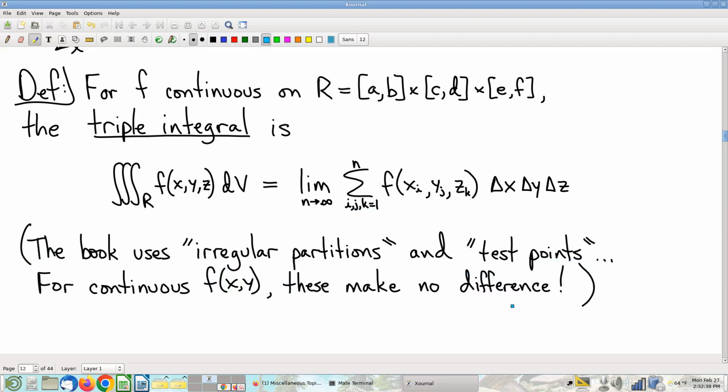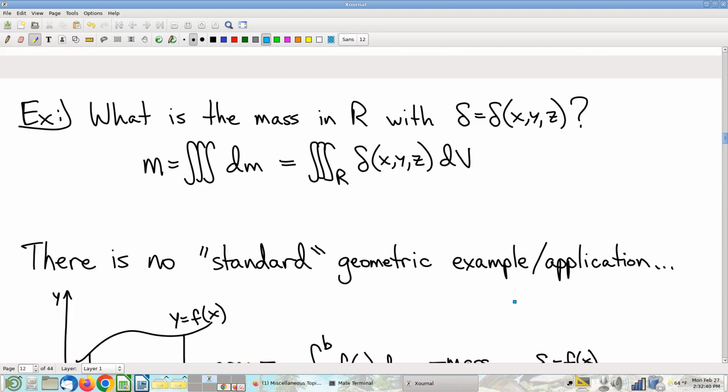Okay. So just to repeat what we've already said, if you want to compute a mass over a rectangular box where you know mass per unit volume as a function, well, total mass is the sum of a bunch of little pieces of mass. Notice I'm using the integral shorthand.